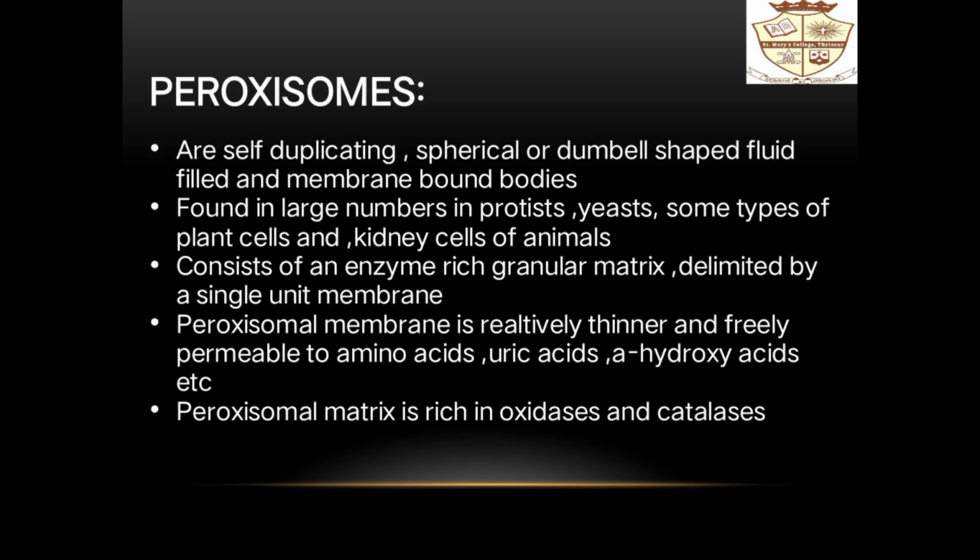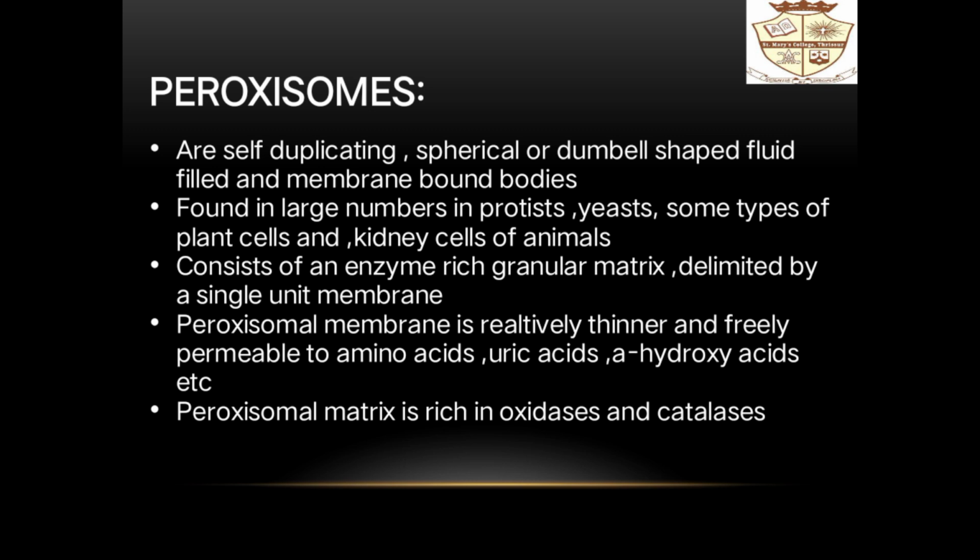So, what are peroxisomes? Peroxisomes are self-duplicating, spherical or dumbbell-shaped, fluid-filled and membrane-bound bodies found in large numbers in protists, yeast, some types of plant cells, and kidney cells of animals.